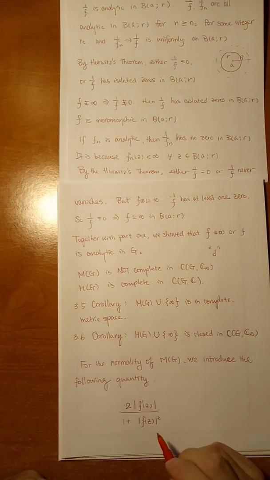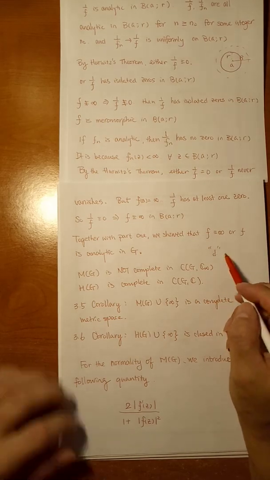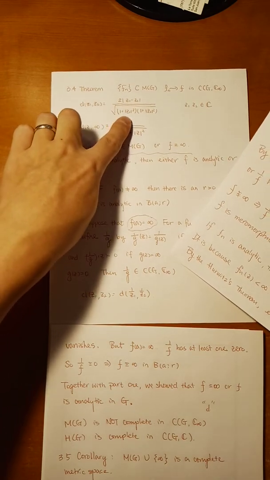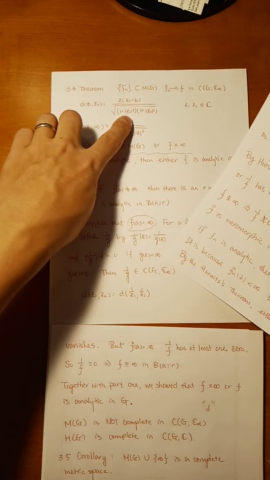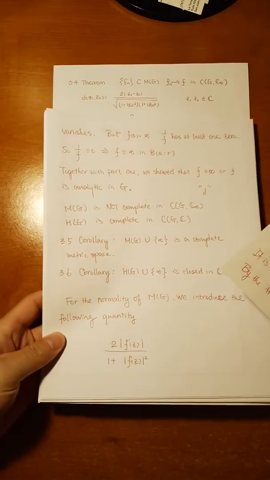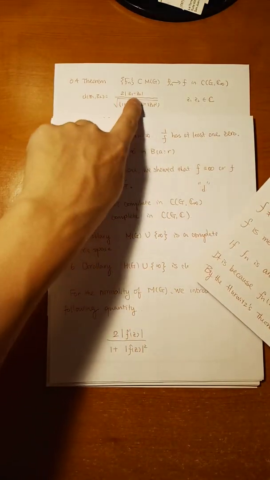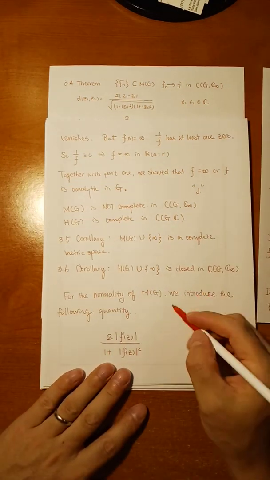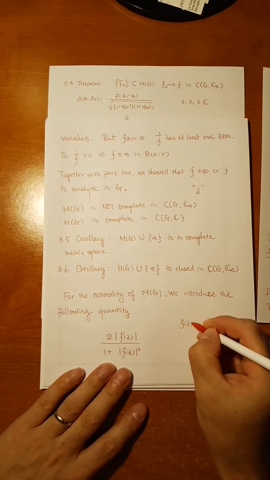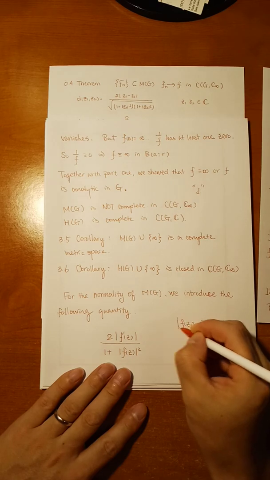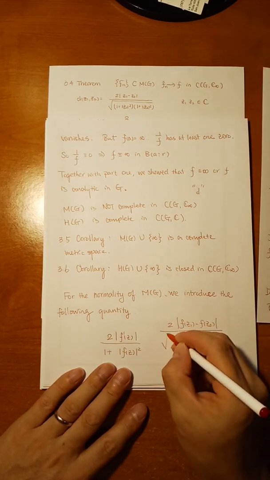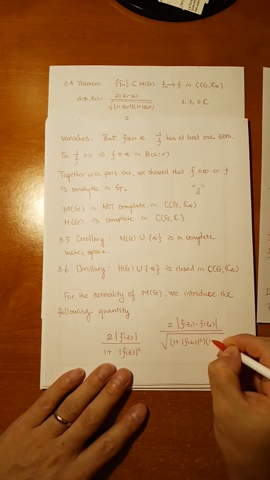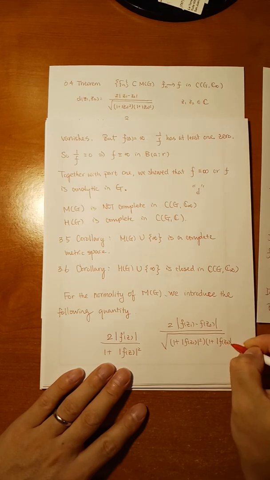Check that this quantity is very, very close to the distance. Remember that the distance, where is the distance? This one. You replace z1 by f of z1, and z2 by f of z2. Then z1 minus z2 is a delta, so the distance is absolute value of f(z1) minus f(z2) over 2 square root of 1 plus absolute value f(z1) squared times 1 plus absolute value f(z2) squared.